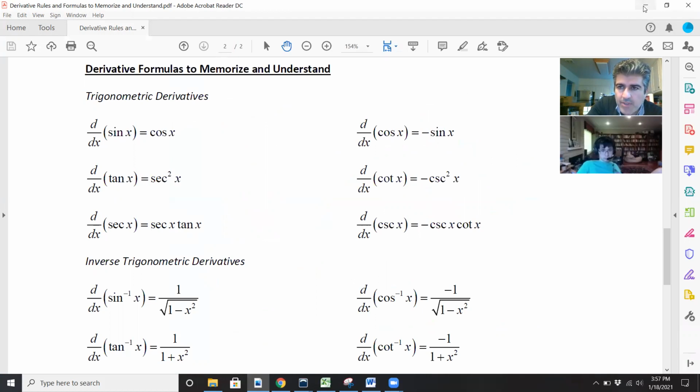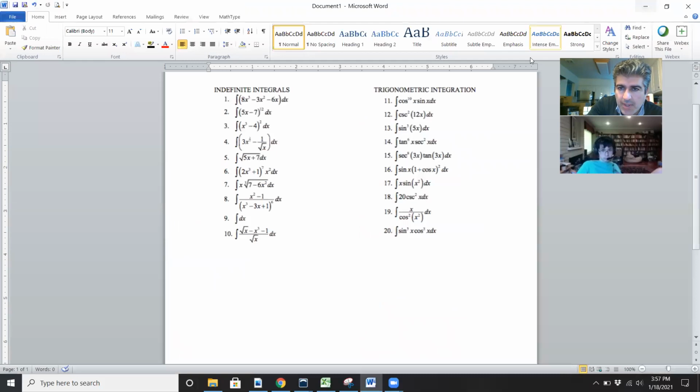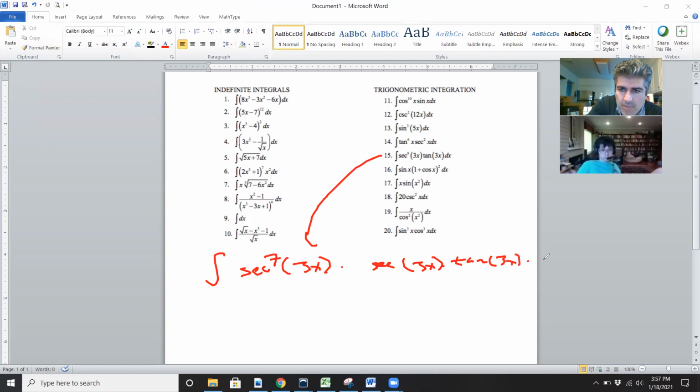It's a little funky, so what I'm going to do is a little trick here: rewrite this before I do any integration or u sub. I'm going to say this is secant 7 of 3x, and then times secant 3x times tan 3x, and then times dx.